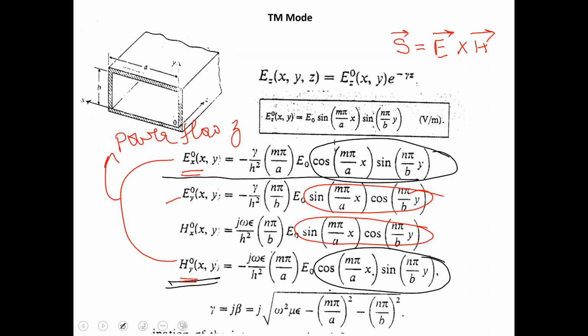Similarly, if you notice these two components, this is y cross x. Again, the direction of E cross the direction of H tells you the direction of propagation. And y cross x is minus z, but there is only one minus in this term, so that becomes plus z again. So this is also in plus z direction.